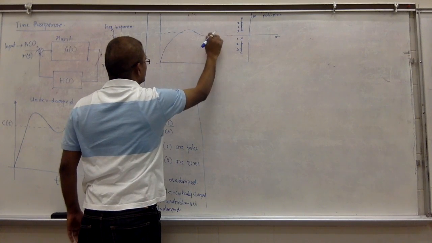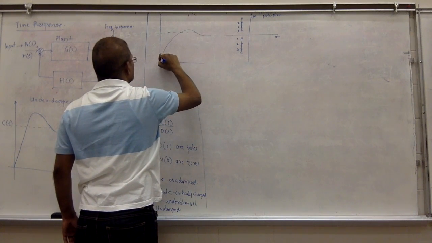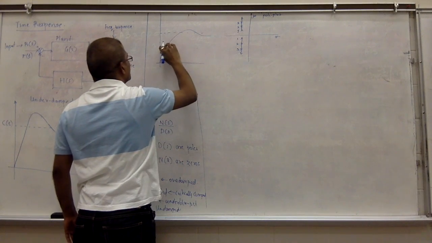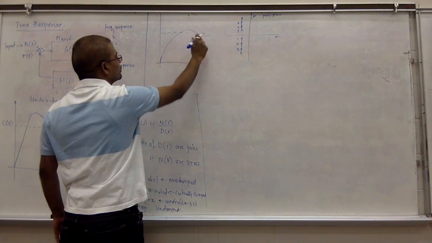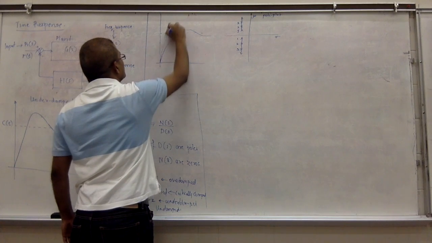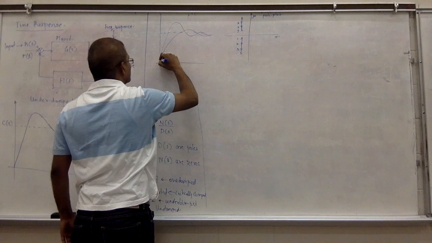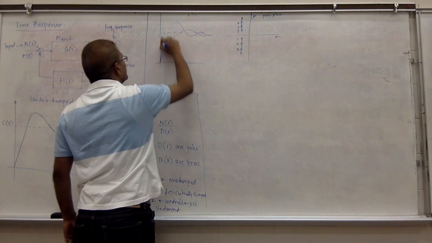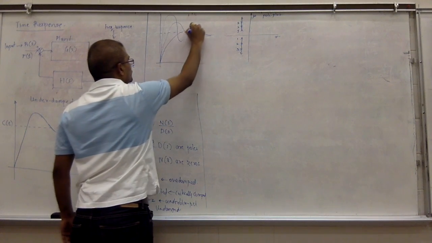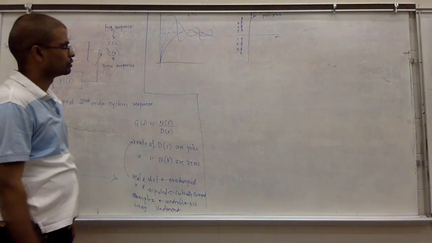So it will have this is system 1. The system 1 response looks like this. System 2 will look like this. In system 3, okay.